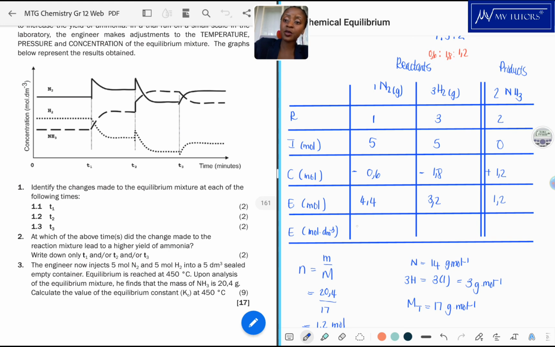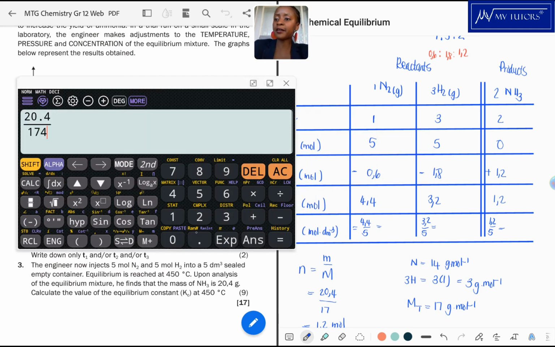Okay, so my concentration is going to be equal to number of moles, 4 comma 4 over volume, which is 5. Here we're going to have 3 comma 2 over 5, and we're going to have 1 comma 2 over 5. So what is 4 comma 4 divided by 5? Well, that's 0 comma 88.